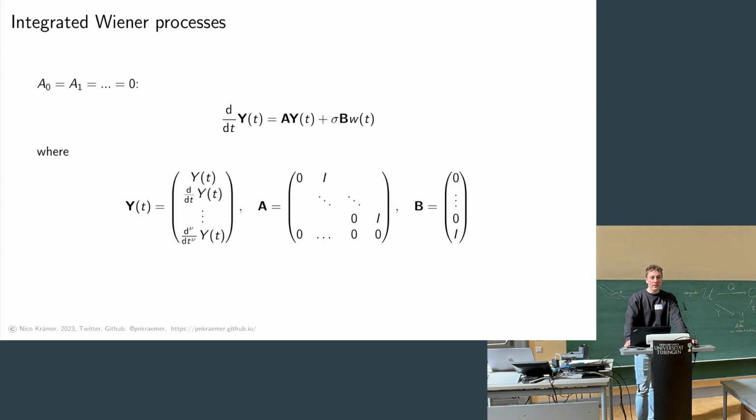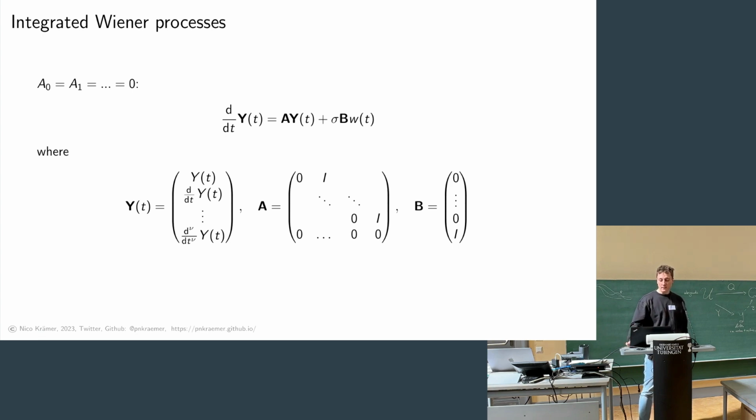Let's go back to the SDE. So the SDE of the integrated Wiener process, if we take this first order form, looks like this. We have the first time derivative of y, and then we have the matrix A, which is this off-diagonal identity matrix, and we have the same B as before.